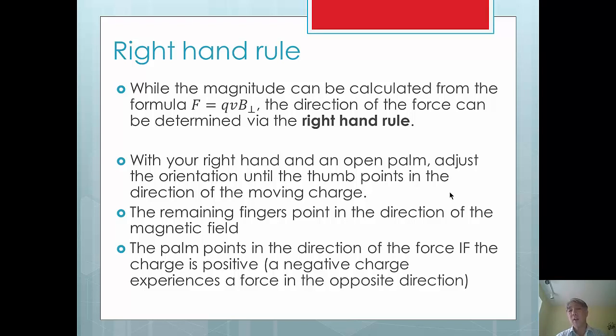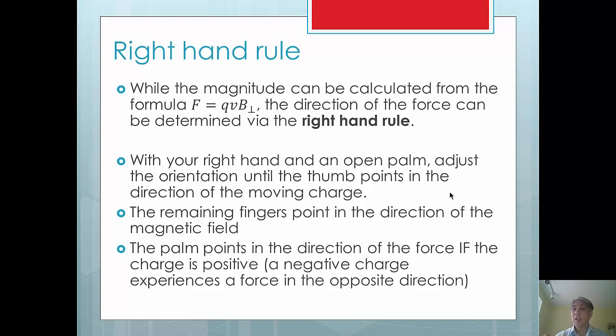What I haven't told you yet is Q. Q is a scalar, so it doesn't have a direction associated with it. However, it can be positive or negative, so always double check it. If Q is negative, then the force is actually going to be the back of the hand.